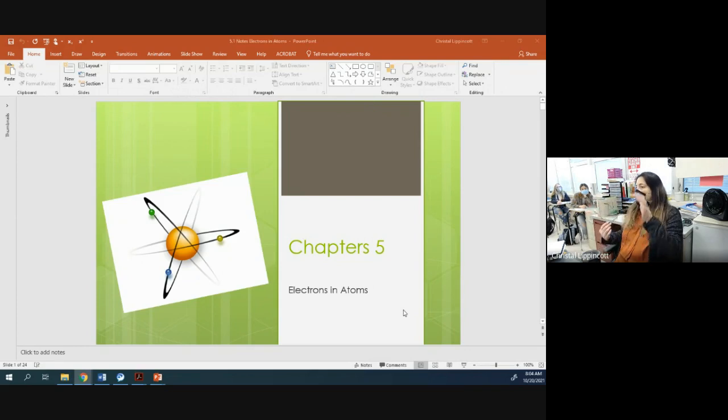So we look at the electrons, we look at trends and properties, and most of those trends and properties are driven by the electrons. Then our next two chapters after that, 7 and 8, deal with bonding, different types of bonding. Then we get to chapter 9, and that's reactions. So how do we go through reactions, balancing equations, that sort of thing.